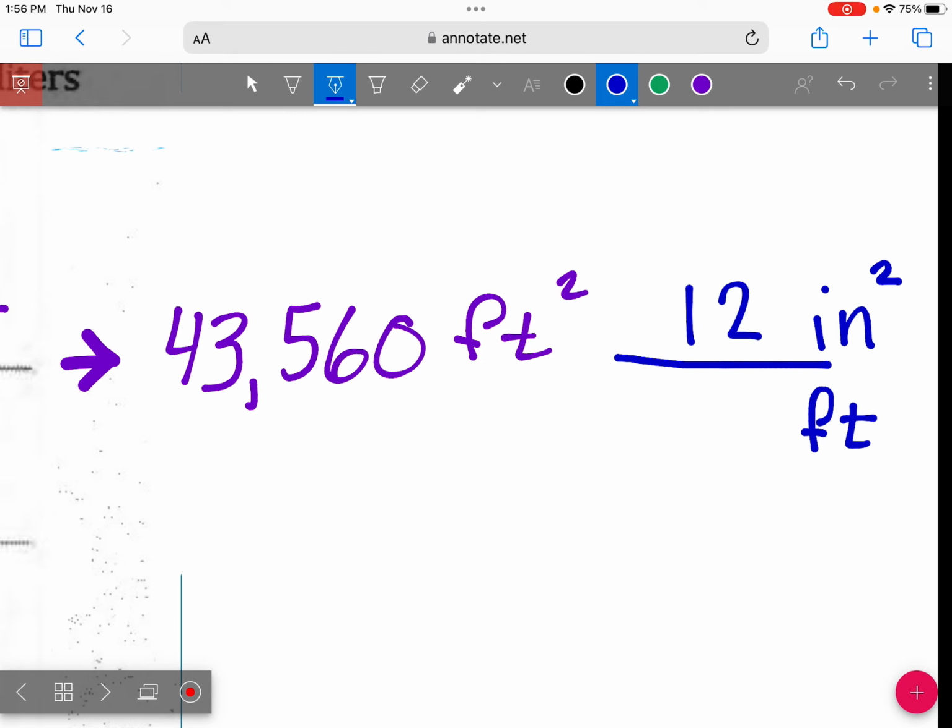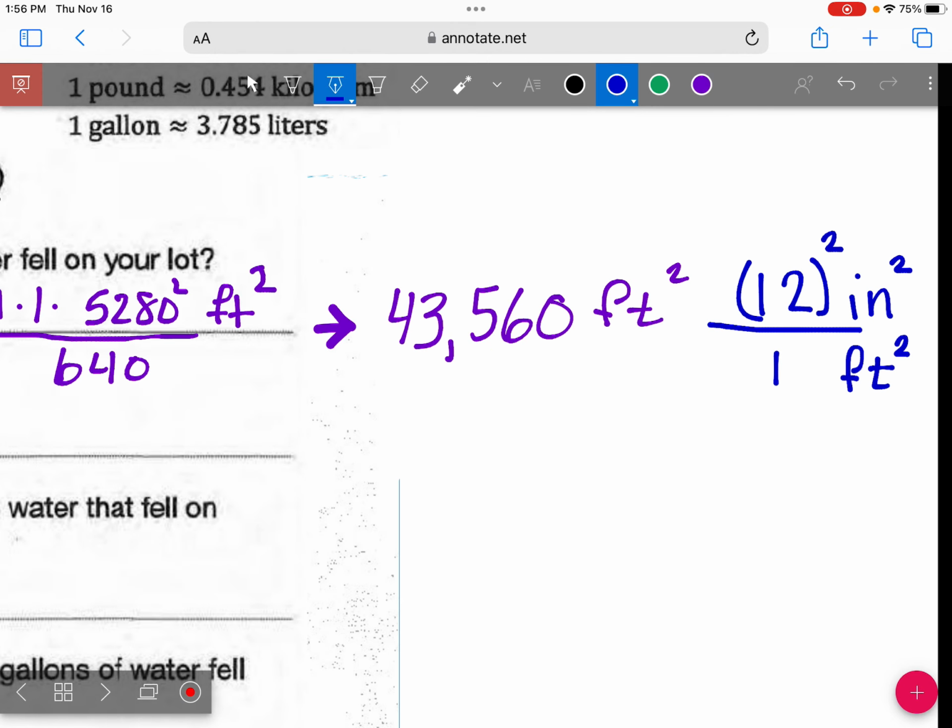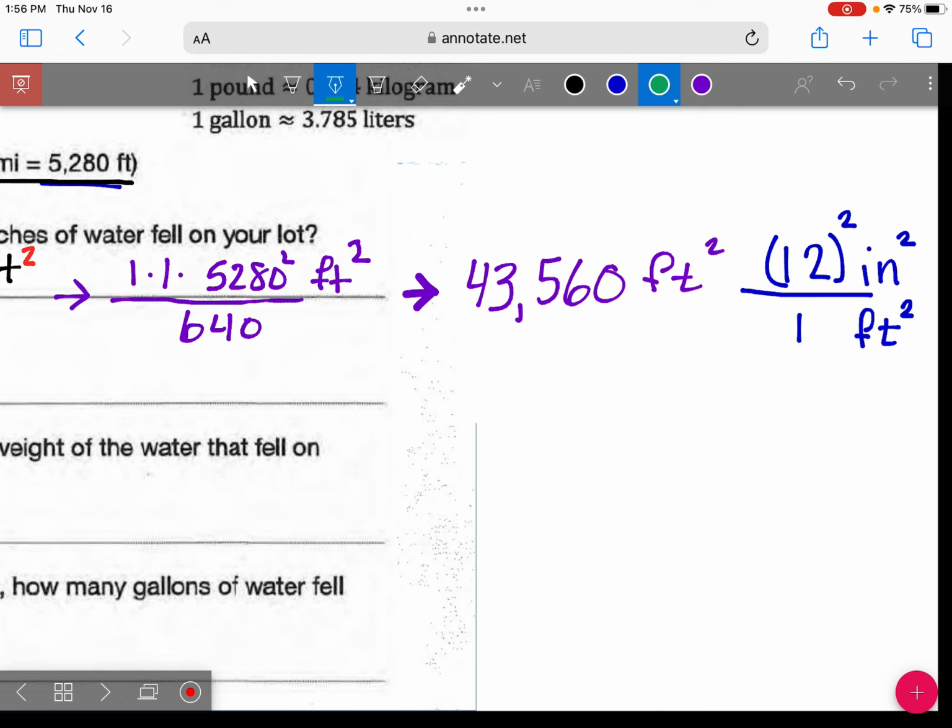But that's 12 inches in a regular foot. If I need feet squared and inches squared, I need to square it. So we can use the units that we know to help with the stuff that we're not sure, because, you know, coming up with how many square inches in a square foot, bleh. But I know 12 inches in a foot, and we can use that information to help us with it.